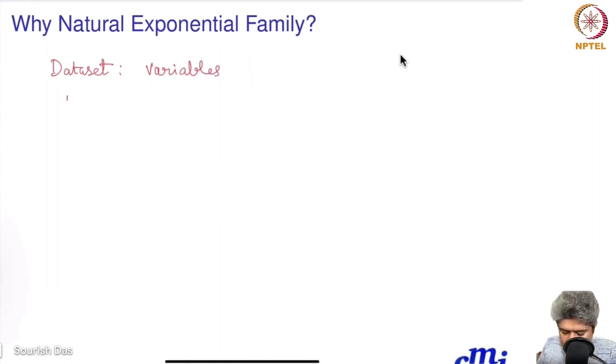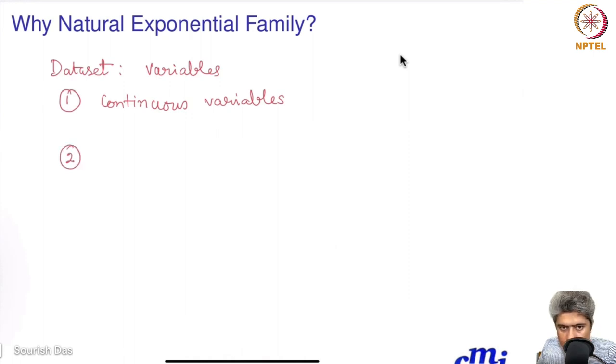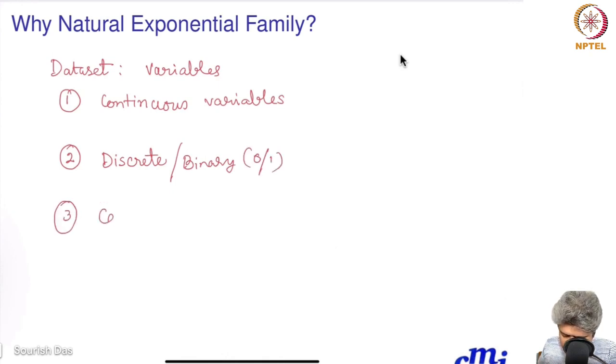The first category will be a bunch of continuous variables. Then the second category will be discrete variables, or binary variables, like 0 1 kind of thing, and the third will be count variables.